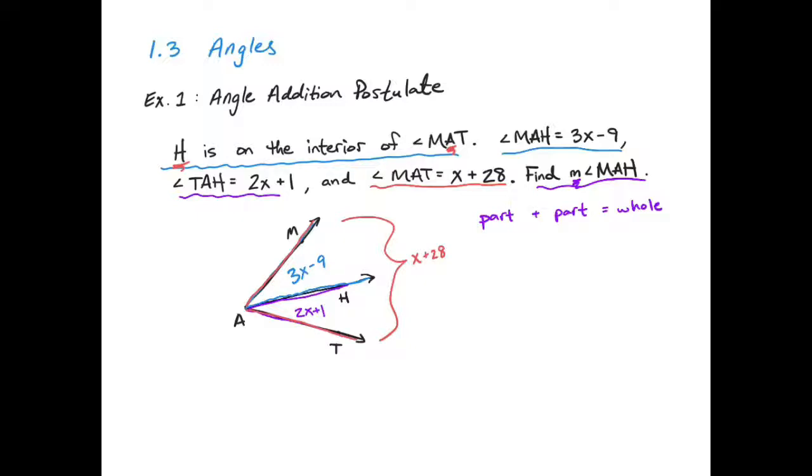And in this problem, one of the parts would be your angle MAH there. So angle MAH is one of the small parts, and the other part would be that angle HAT. The whole angle, the Big Papa angle, would be this angle MAT.